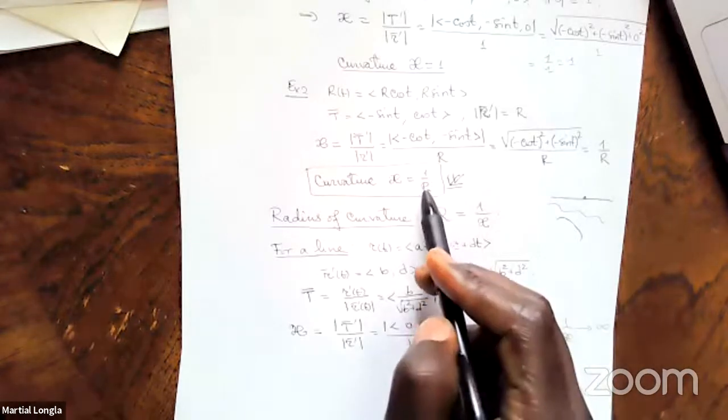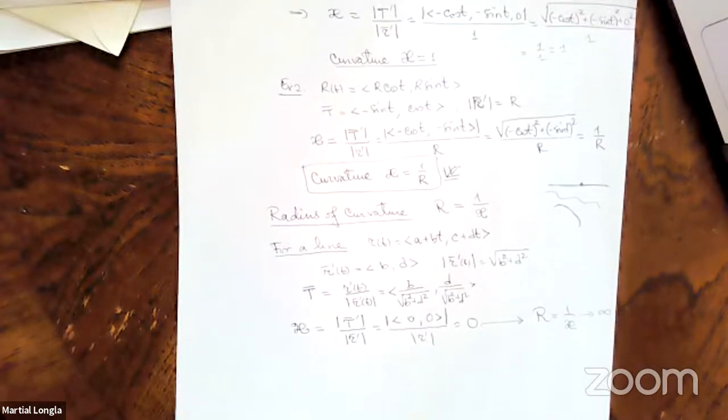When you have a circle, you're moving along a circle, the best approximation in the neighborhood of any point is the same circle that you're moving along, right? That's why the radius of curvature is equal to the radius of the circle that you're moving on. Any questions?